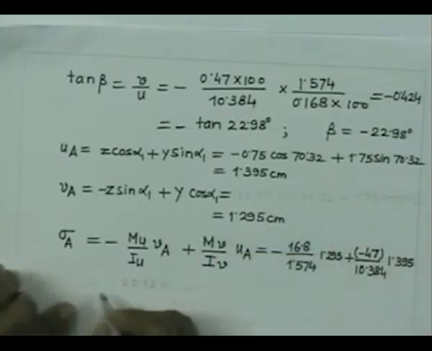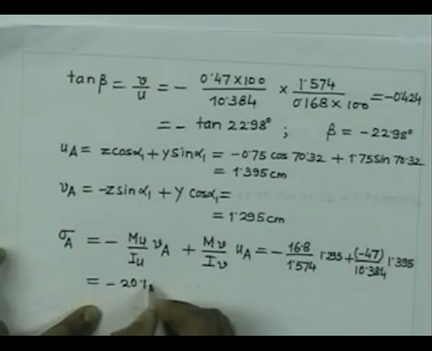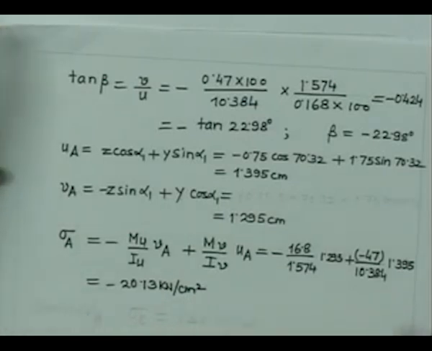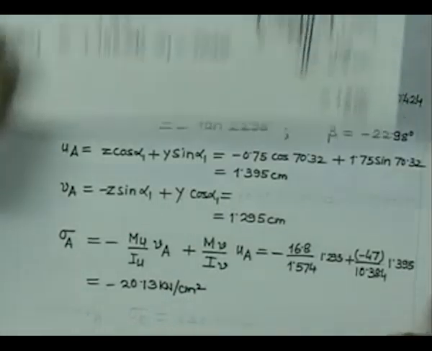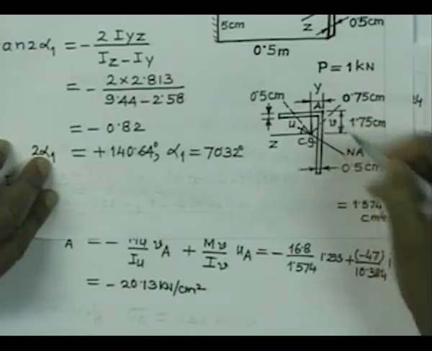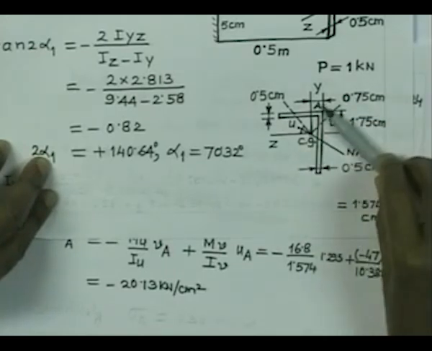Once we do that, it gives us a stress of magnitude 20.13 kilonewton per centimeter square. This stress is compressive, as we expected, because this is the neutral axis and we expect compressive stresses to be there.